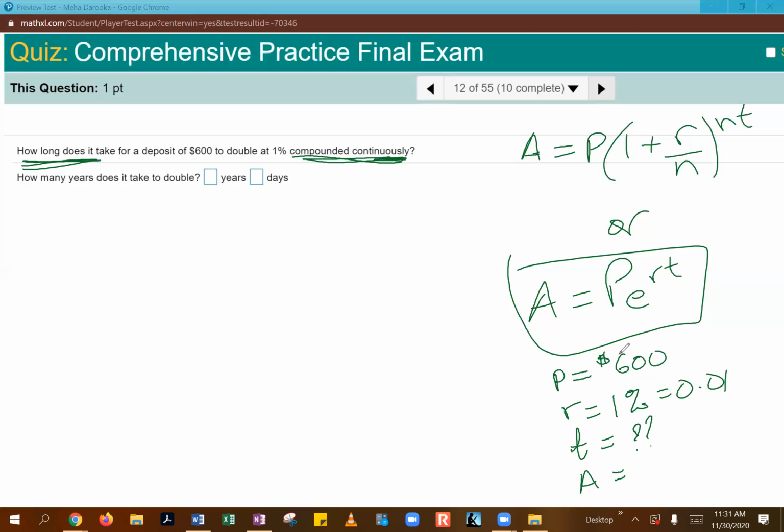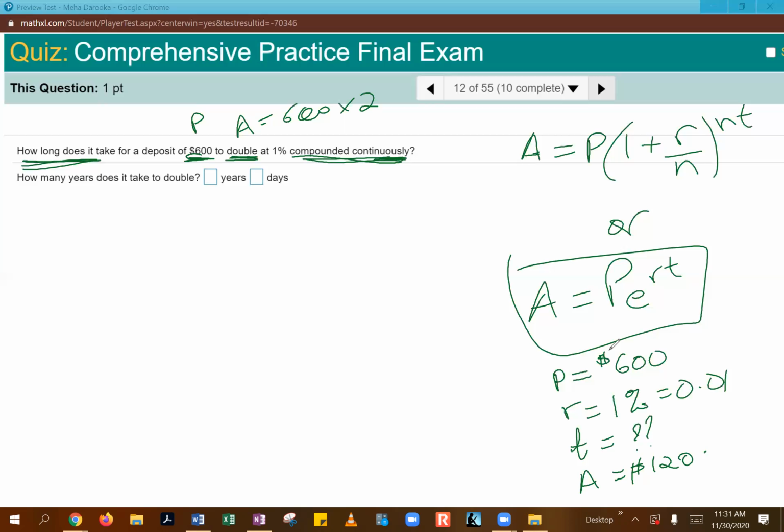Okay, so if t is the value we are finding, then what is the a value here? Brandy, very nice. Yeah, because they're telling you a deposit of 600 is going to double. So the double is, of course, going to be 600 multiplied by 2.